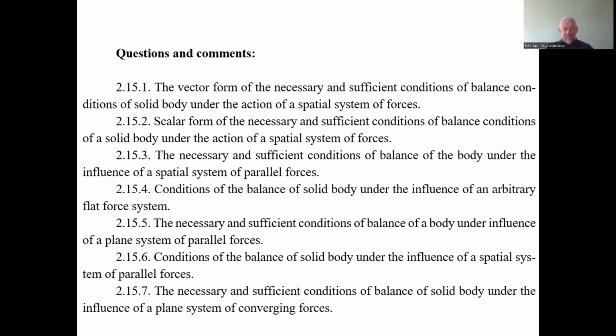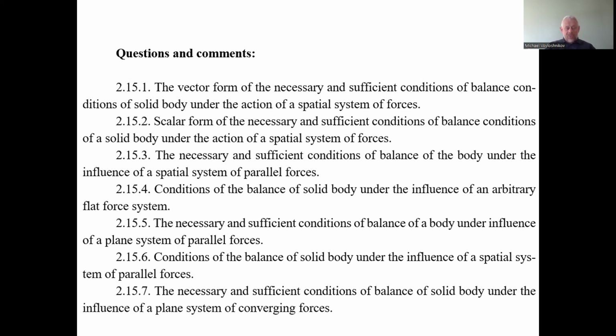2.15.7, the necessary and sufficient conditions of balance of a solid body under the influence of a plane system of convergent forces. Relative to the point of intersection of the lines of action of all forces, the same point, this is a convergent system of forces.